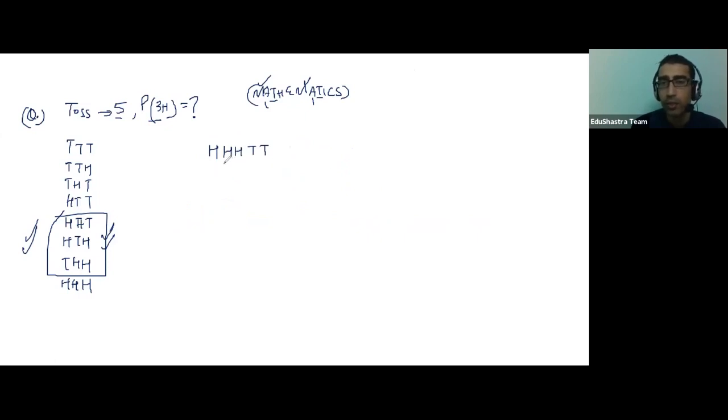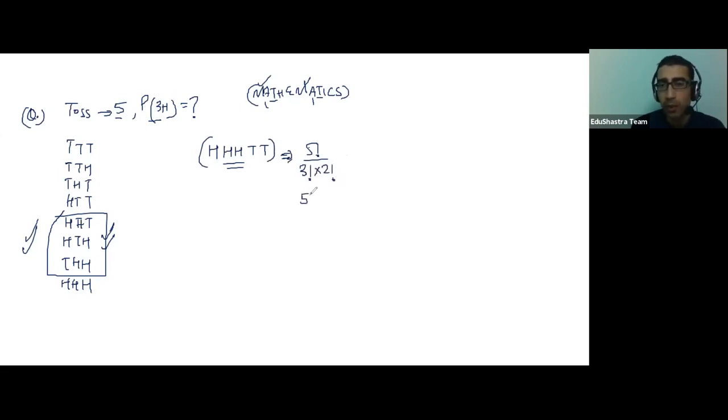So what are we going to do as a rule, rather than remembering a formula, to be honest? Just understand that you're talking about arranging this, and the total arrangement would be 5 factorial upon 3 factorial for the 3 similar H's and 2 factorial for the 2 similar T's.